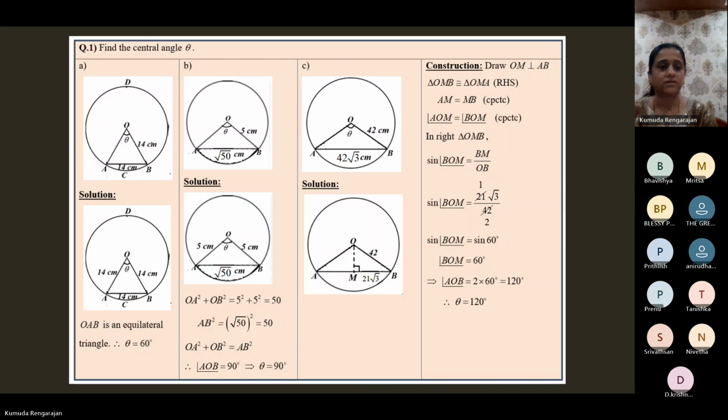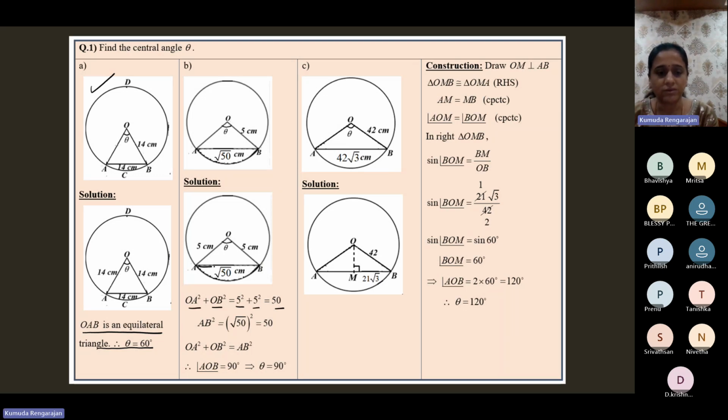See here, the first one, this is the first figure. OAB is an equilateral triangle, therefore theta is equal to 60 degrees. In the second figure, we find OA square and OB square, 5 square plus 5 square, 50.